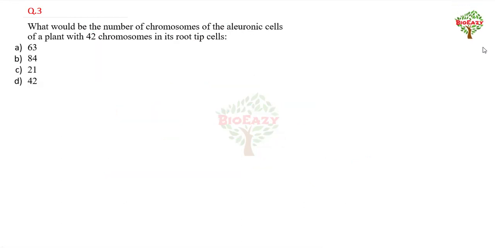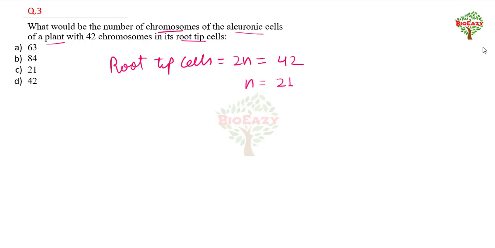Next question is, what would be the number of chromosomes in the aleurone cells of a plant with 42 chromosomes in root tip cells? We all know that root tip cells are diploid cells. So here 2n is equal to 42, so n is equal to 21.